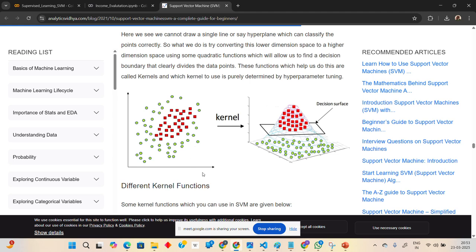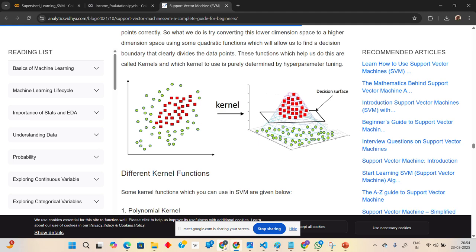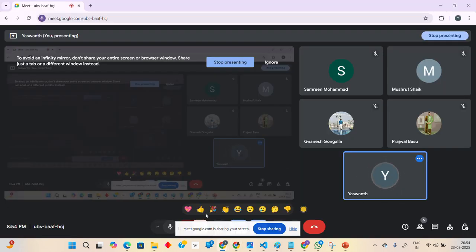We cannot draw a hyperplane in this situation, but we still need to classify them into two different classes. Then what is a way to do this? Then we can go for the kernels concept. Is that clear? Why do we need kernels in SVM? It is one good question in interviews.